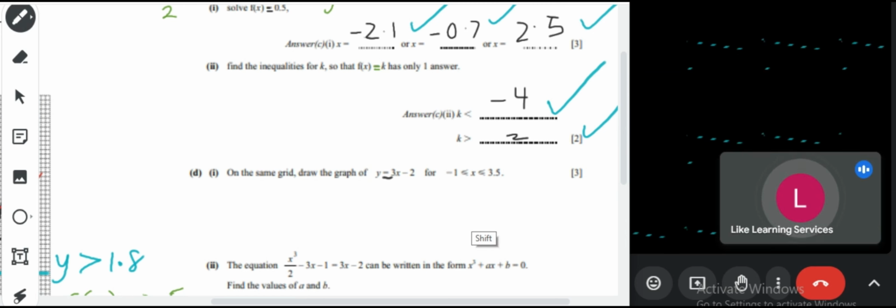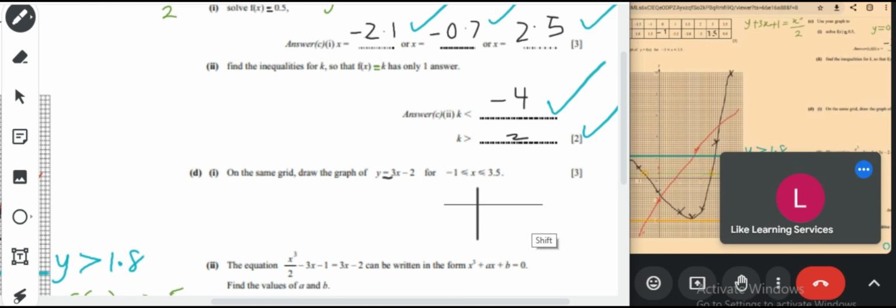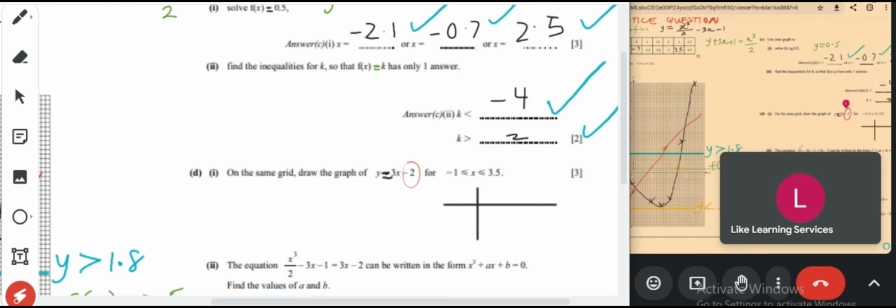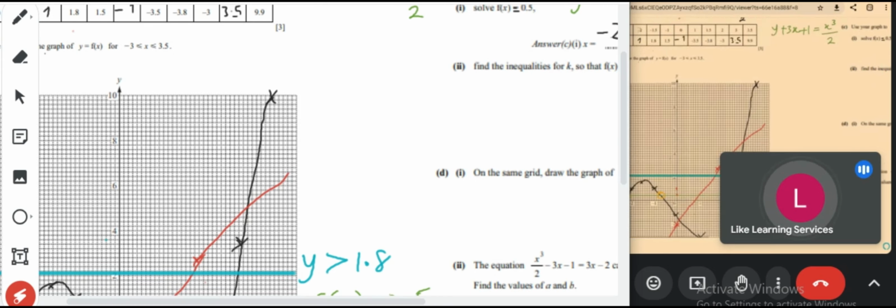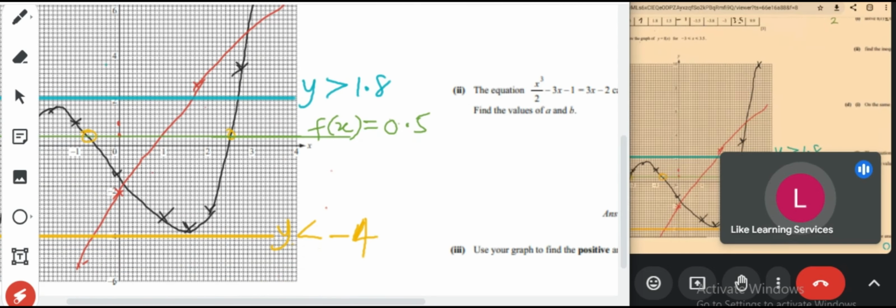I know you probably used just two values. It's even one value because you already have an intercept. What's the intercept? Minus 2.